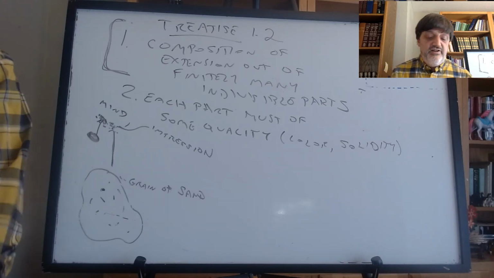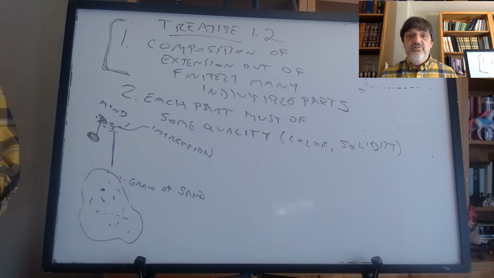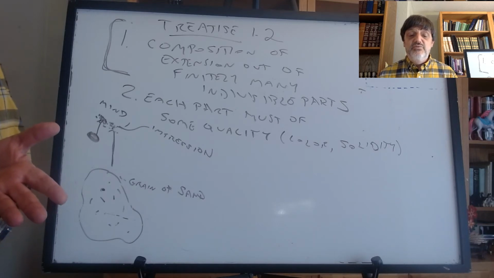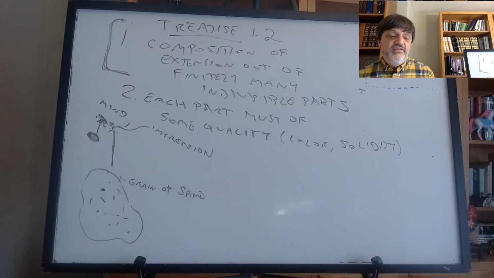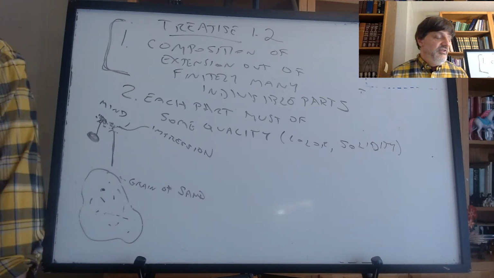Because each one of them contains some finite number of parts, and those two numbers either have to be equal or one is greater than the other. So that's one thing.